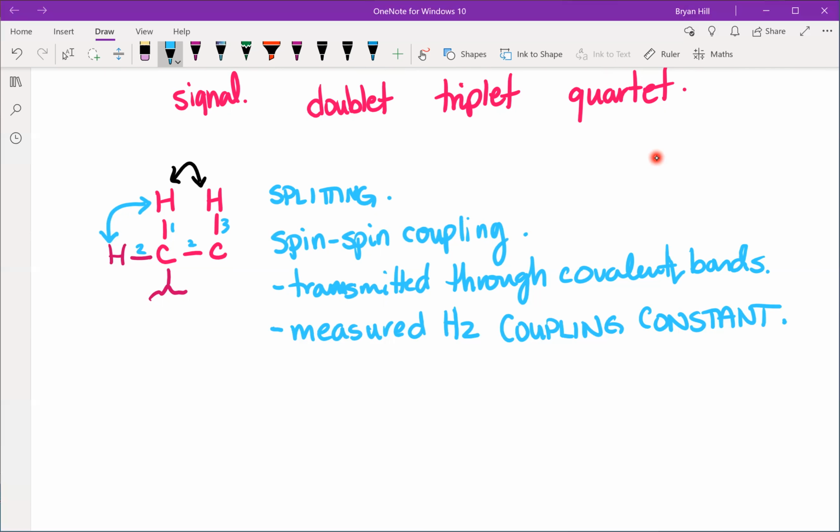So the measurement of this interaction is called the coupling constant, and it's got a symbol J, and it's measured in hertz. Some people call that a J value coupling constant.